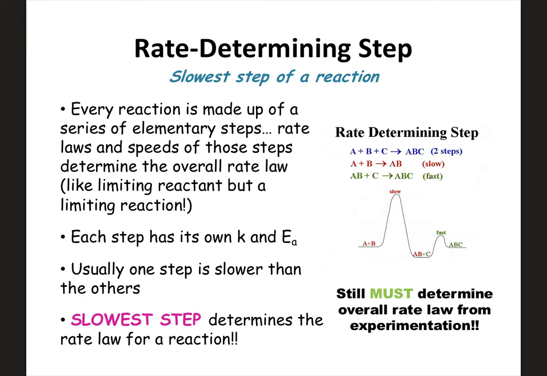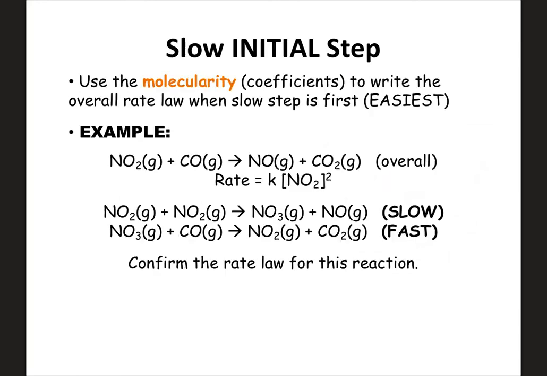You have a slow step and then a fast step. This slow step, the first step, would be the rate determining step. When the slow step is the first step, this is the easiest way to determine the rate law. You just use the molecularity: use the coefficients in the elementary step of the slow step to write the overall rate law.